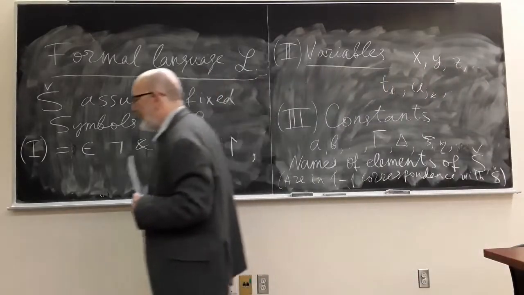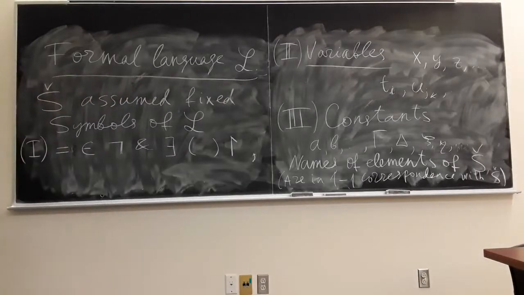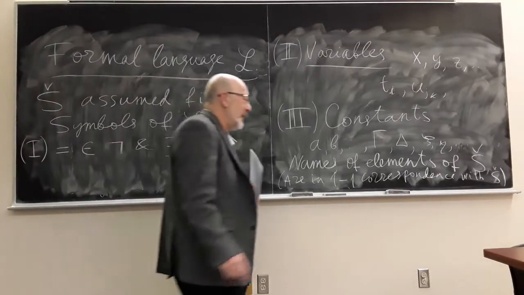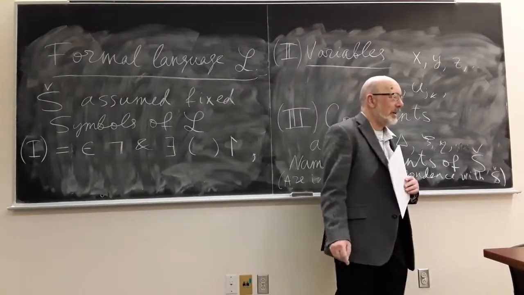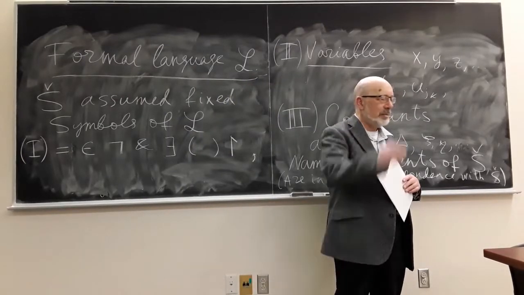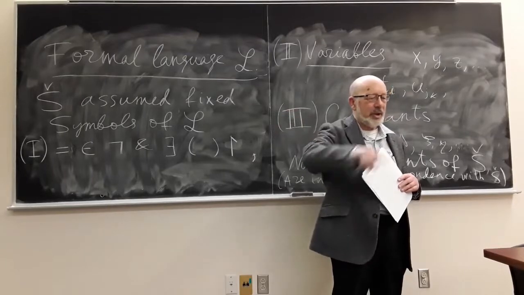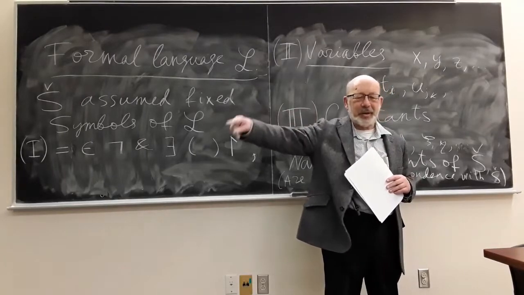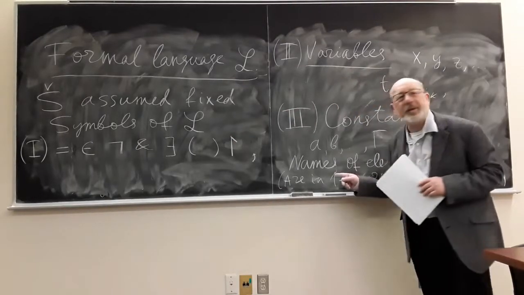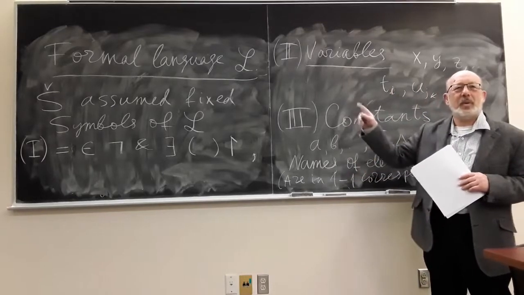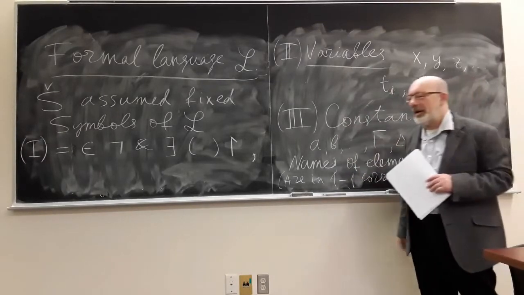So these are the elements. And now any text in our language is a finite sequence of symbols of one of these three groups.